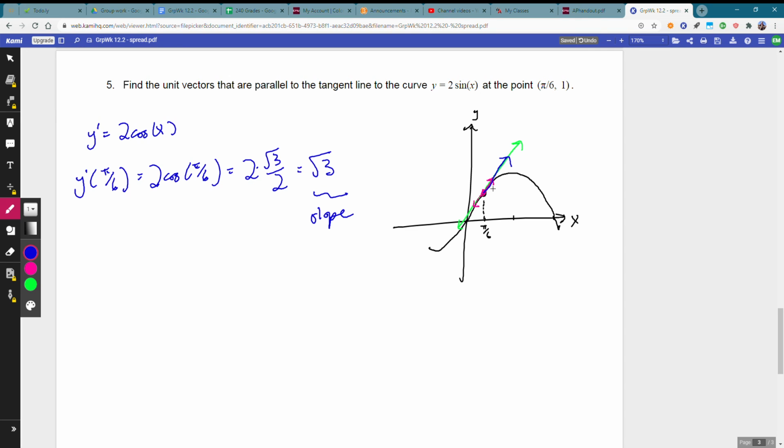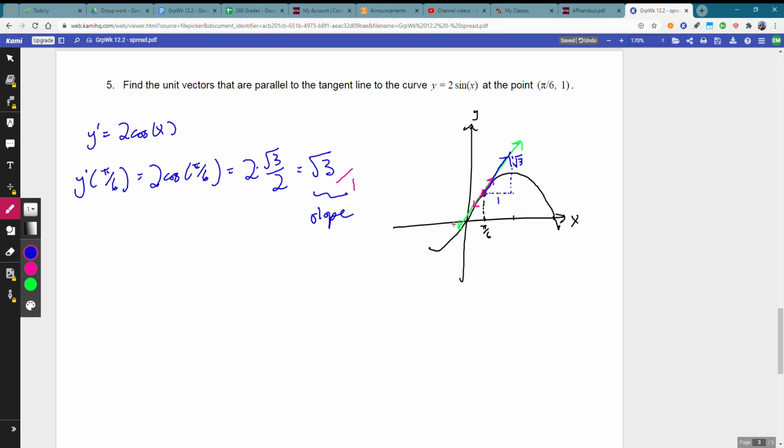So to get one that's in line, we can think about what this slope means. Slope is rise over run, and root 3, we could think of as root 3 over 1. In other words, if we move in the x 1 unit, then we're going to move up in the y root 3.